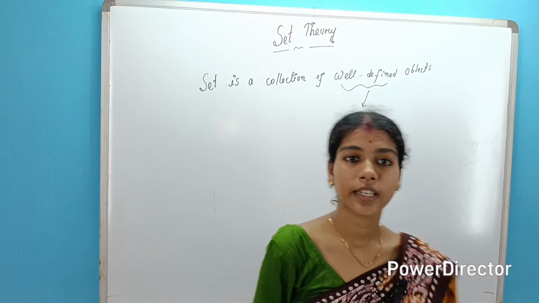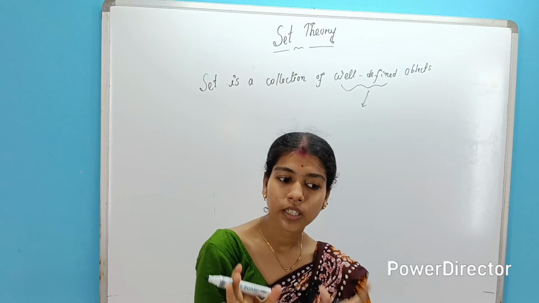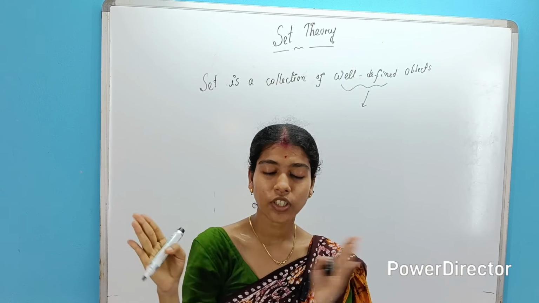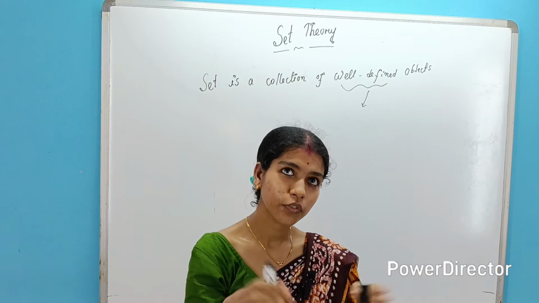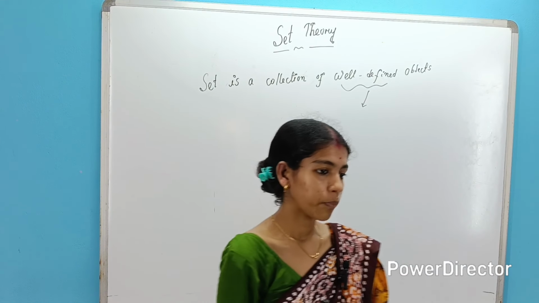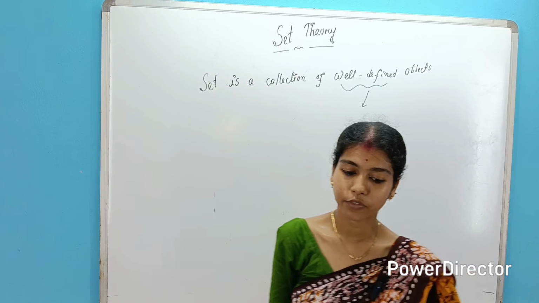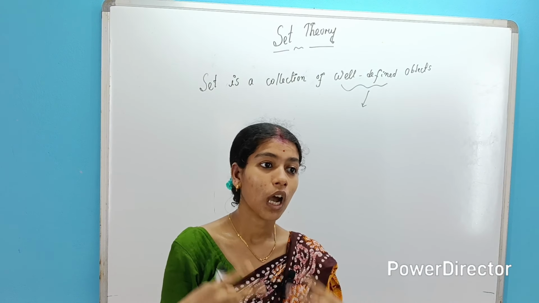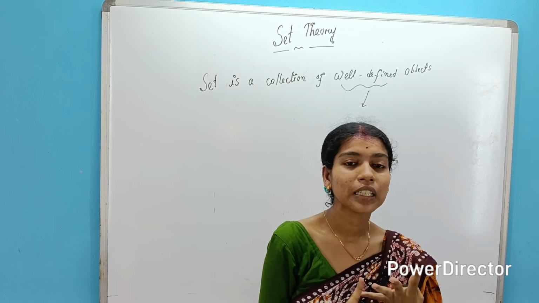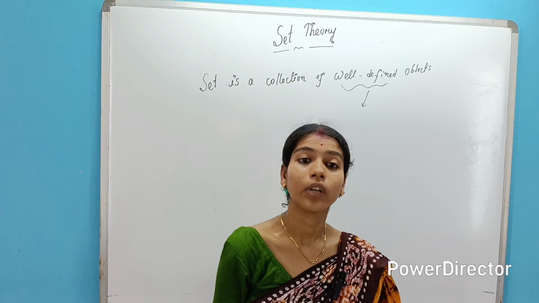If I say collection of 10 beautiful girls, the word beautiful is not defined, because in each and every mind, beautiful means something different to each and every person. For me, beautiful means inside beauty, and for some people it could be outer beauty, like fair or dark, skinny or fat, something like that. So it could not be well defined.